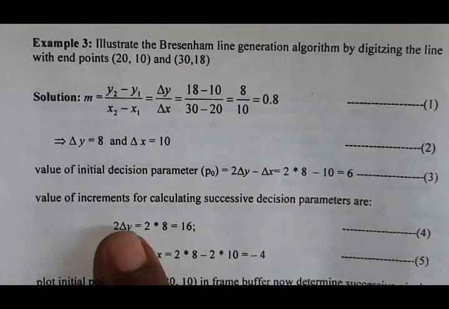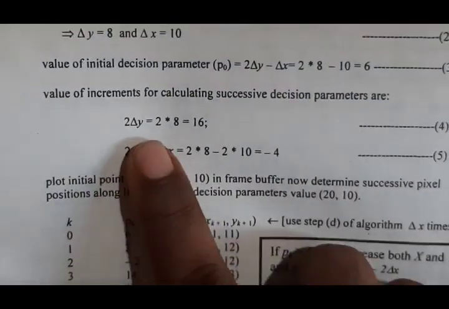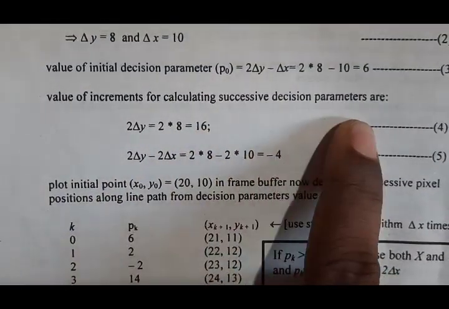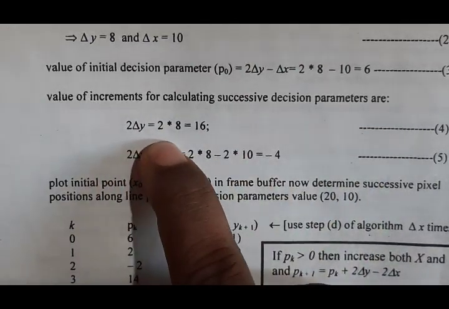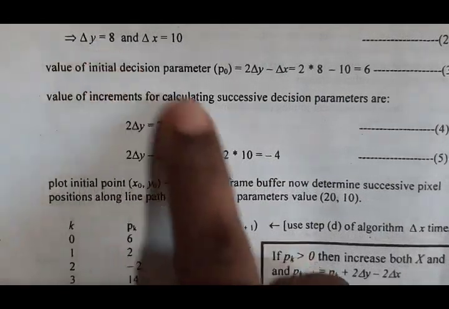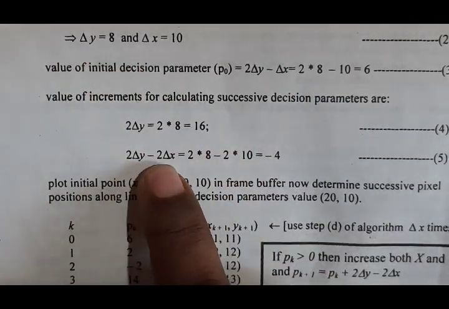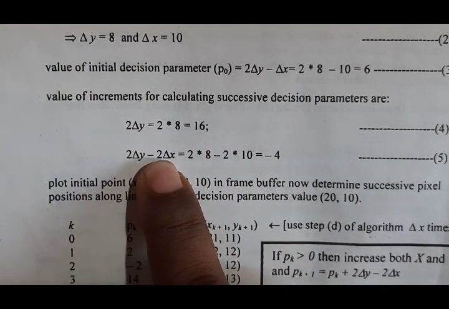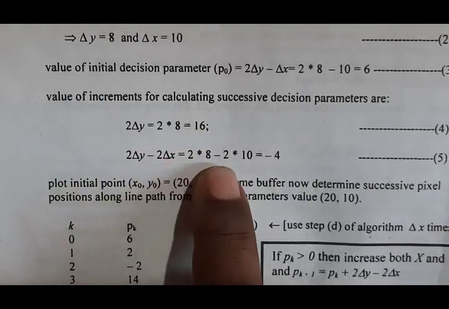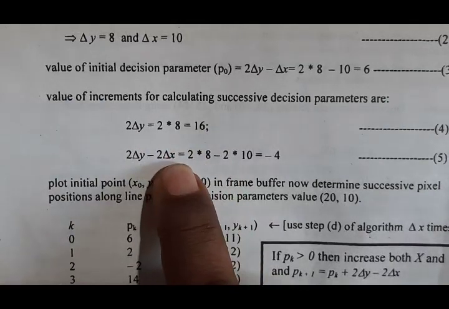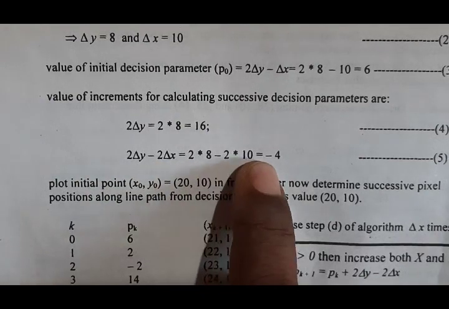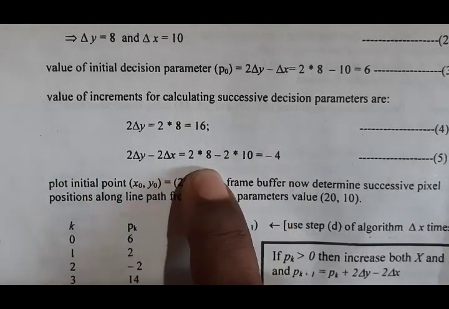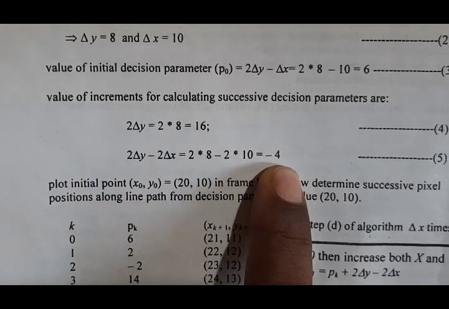The increments for calculating successive decision parameters are: 2 delta y is equal to 2 into 8, equal to 16. 2 delta y minus 2 delta x, 2 into 8 minus 2 into 10, you get minus 4.